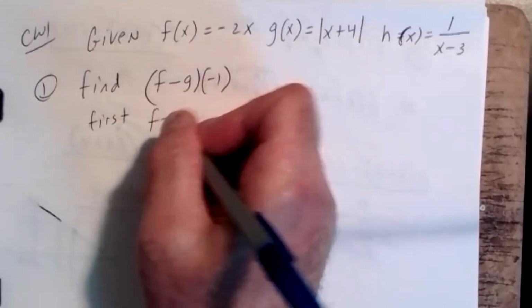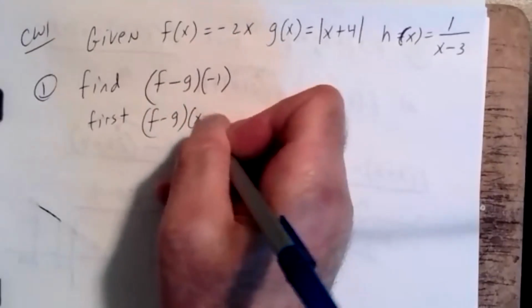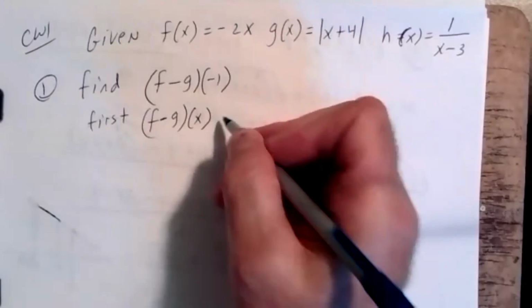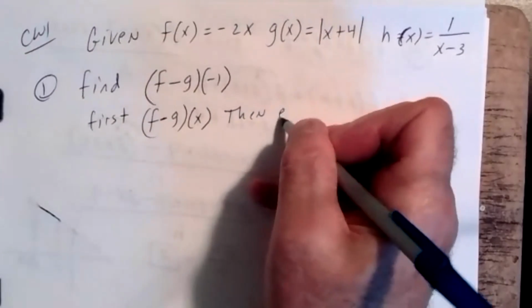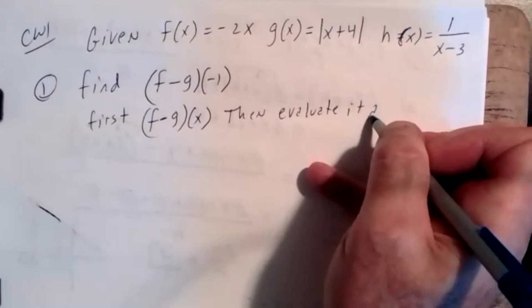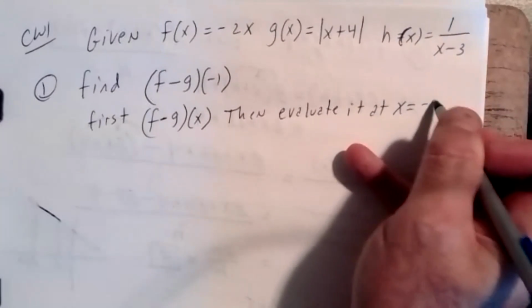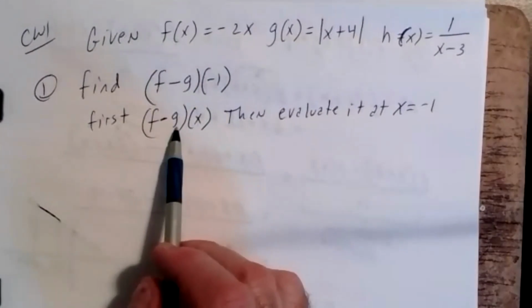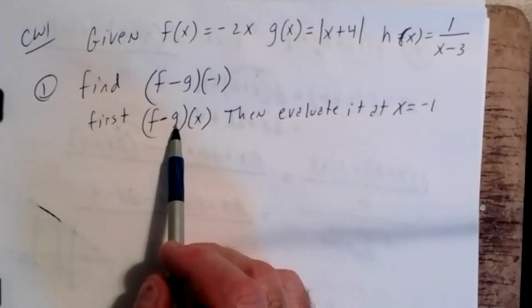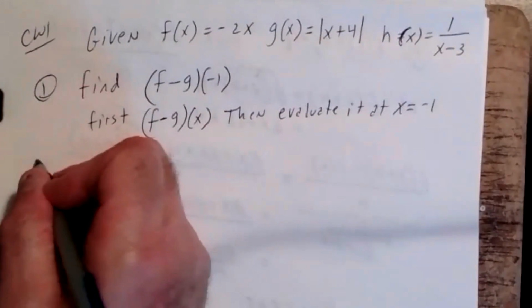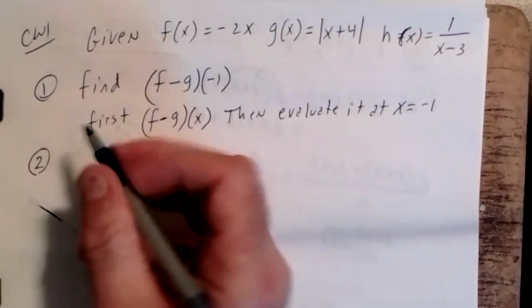First, you got to find f minus g of x, the new function. Then you evaluate it at x equals -1, and that will give you f minus g of -1. So first find the difference function, and then plug in -1 into it. You guys can do that one.